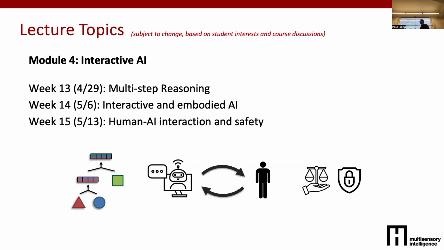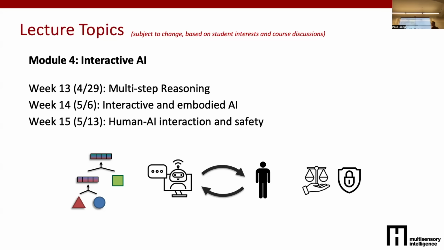And finally, the 4th theme will be on interactive AI. How do you build systems that can interact through multiple steps with humans in the loop? So we're going to start that module by first looking at AI systems capable of multi-step reasoning. So complex problems like mathematical problems or reasoning problems that require you to take multiple steps of actions before you achieve the final target. We'll then cover elements of interactive and embodied tangible AI.